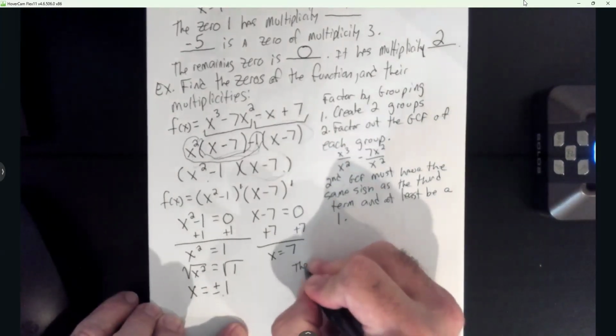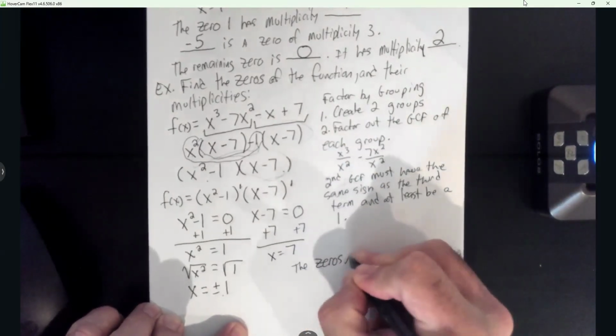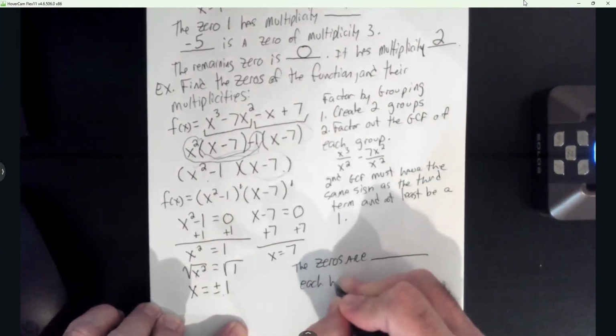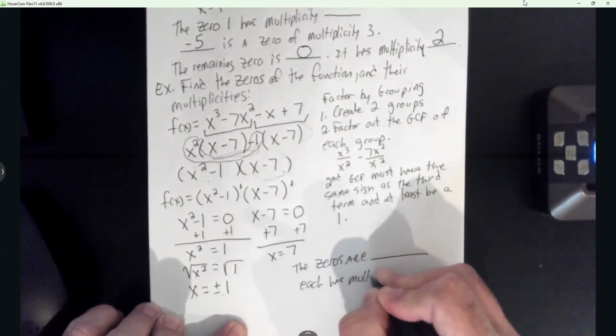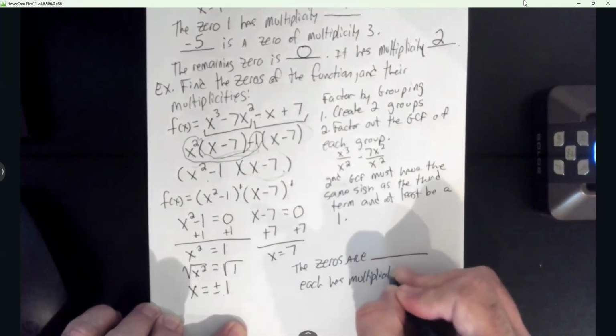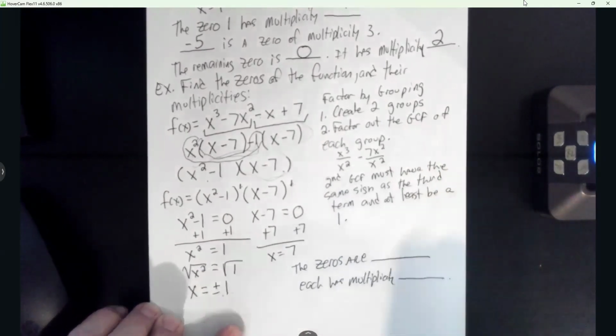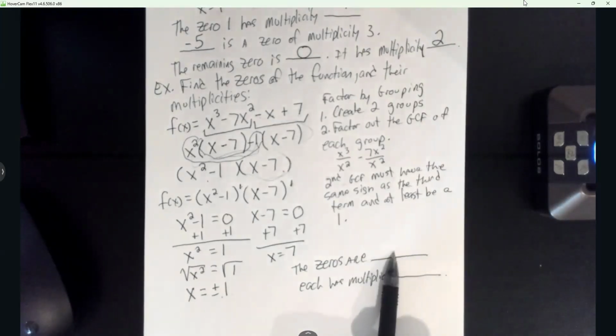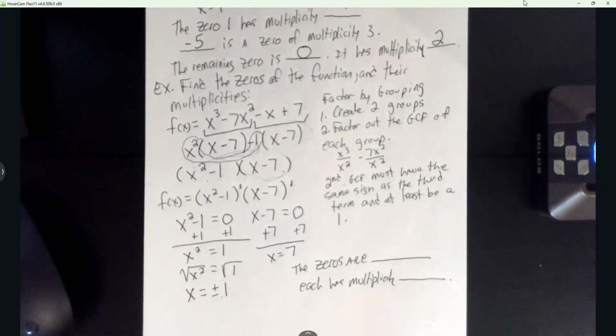So the zeros are blank. Each has multiplicity blank. All right, what's going in the first blank? Well, Julie, you got 2 of them. What is that third one?